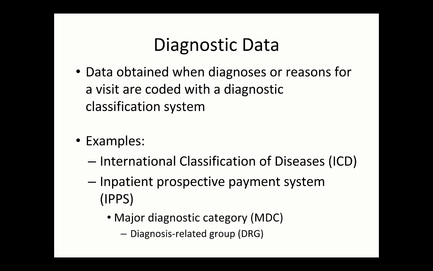The first data type we're going to discuss is diagnostic data. This is the data that is obtained when diagnoses or reasons for a visit are coded with a diagnostic classification system. Many of you are probably familiar with the International Classification of Diseases, or ICD, which is currently in the 10th revision, ICD-10, also referred to as I-10.